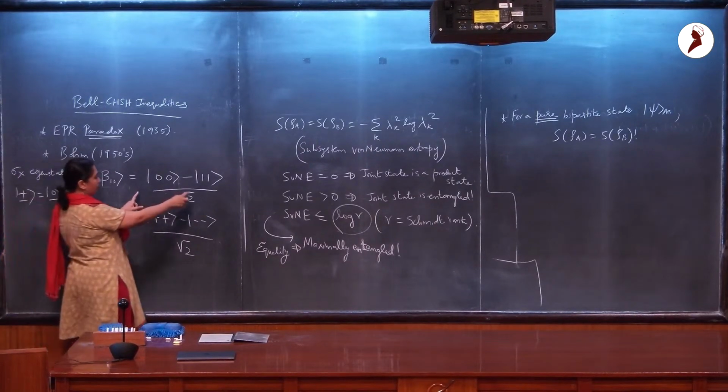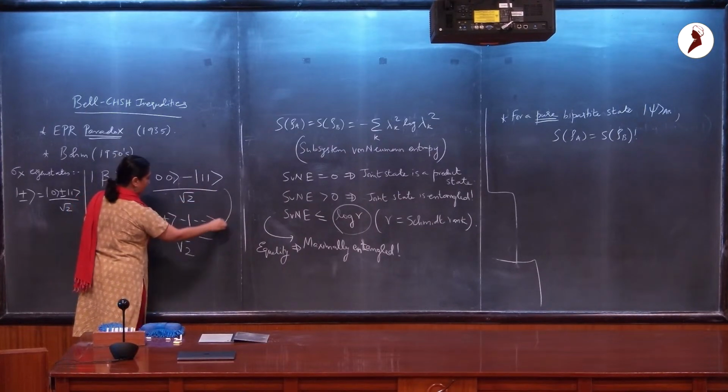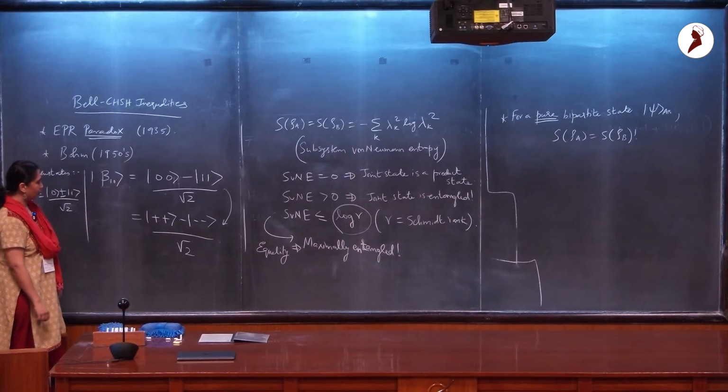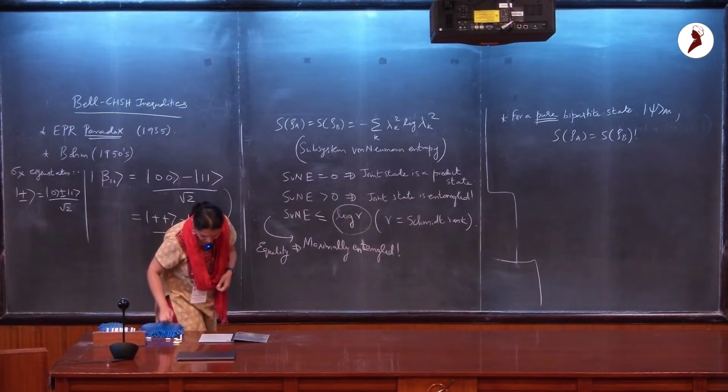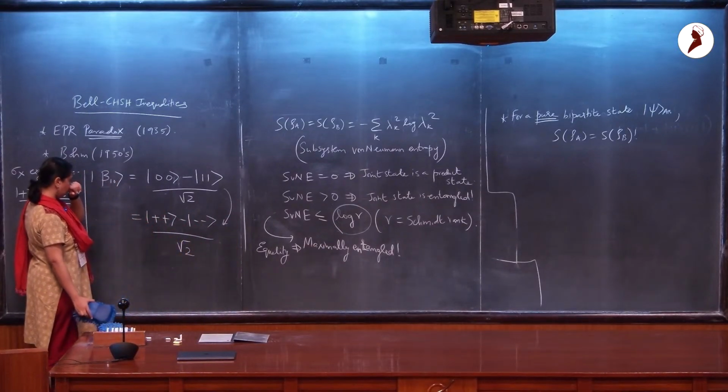So the exact same correlations get carried over to the, oh I'm sorry, did I want to write 0, 1, 1, 0, I'm sorry.